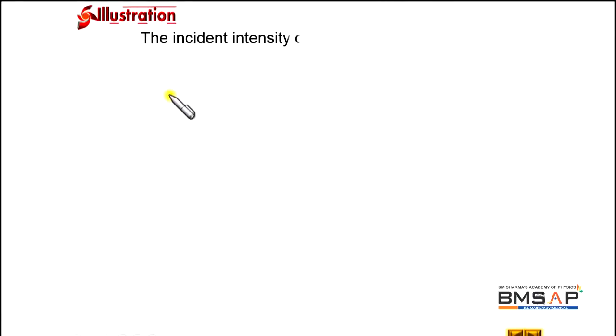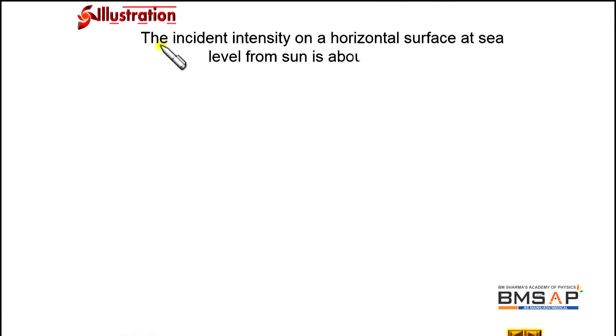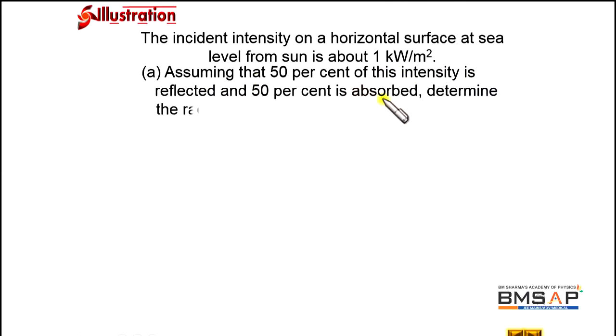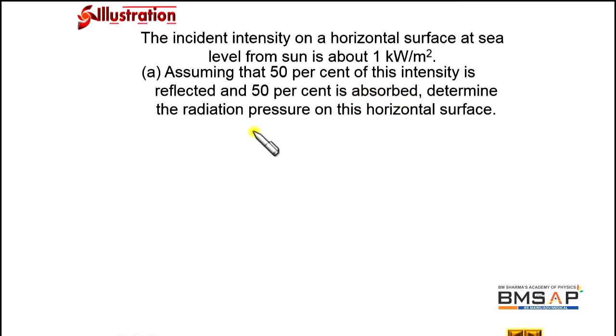In this illustration the intensity of radiation of sunlight is given. The incident intensity on a horizontal surface at sea level from the sun is about 1 kilowatt per meter square. In part A of the question it is given, assuming 50% of this intensity is reflected and 50% of the intensity is absorbed by the surface, determine the radiation pressure at the horizontal level.